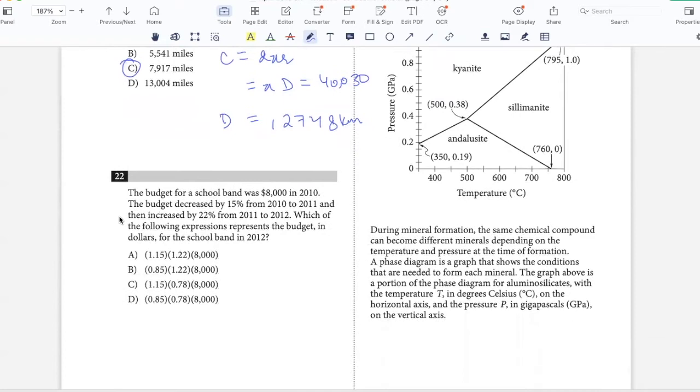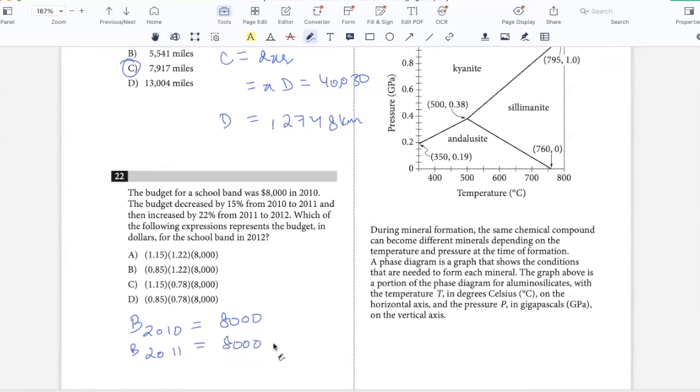The budget for a school band was 8,000 in 2010. The budget decreased by 15% from 2010 to 11 and then increased by 22% from 11 to 12. Which of the following is the budget for 2012? Okay, so budget in 2010 is 8,000. In 2011, it decreased by 15%.